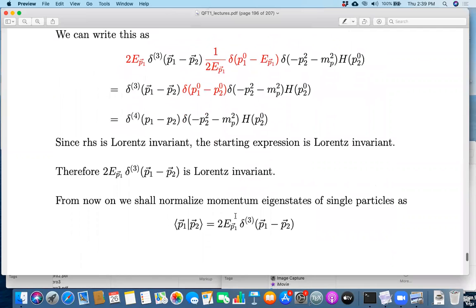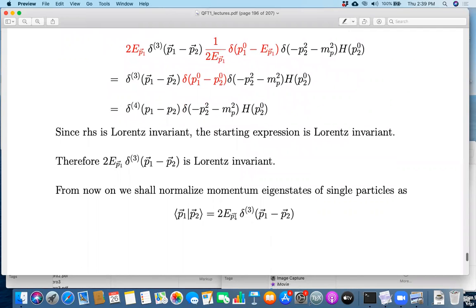Okay. Okay, so given this, from now on, we are going to normalize momentum eigenstates of single particles in this fashion. So instead of taking this to be delta cube of p1 minus p2, we'll take it to be 2 ep1 times delta cube of p1 minus p2.